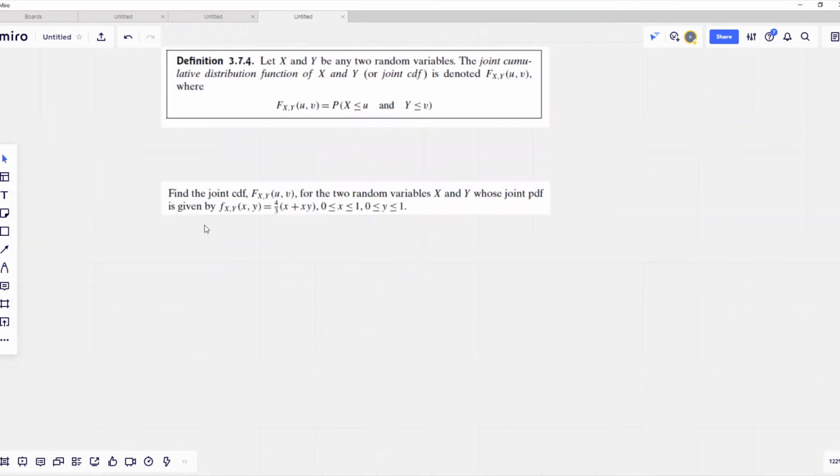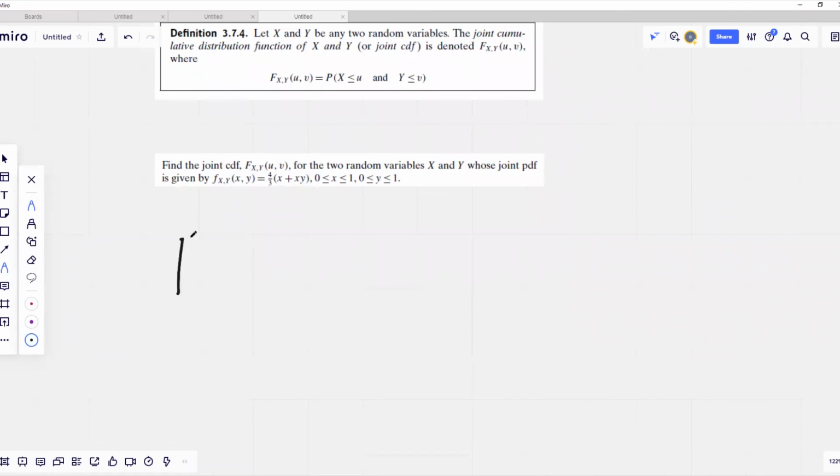So let's take a look at the following problem. We have to find joint CDF given joint PDF of random variables x and y. So to find CDF, we are looking for probabilities that x is less or equal than u.